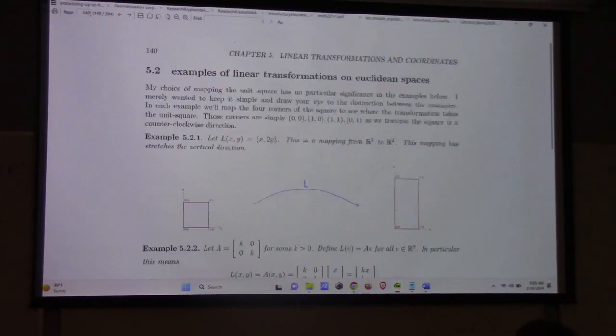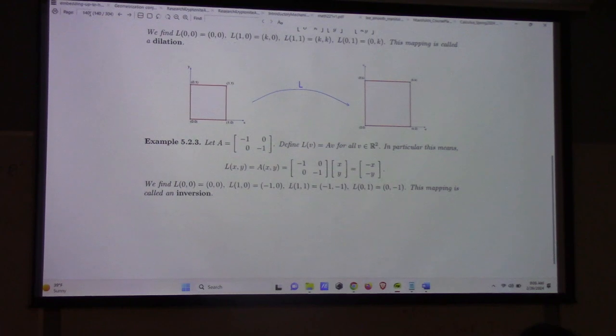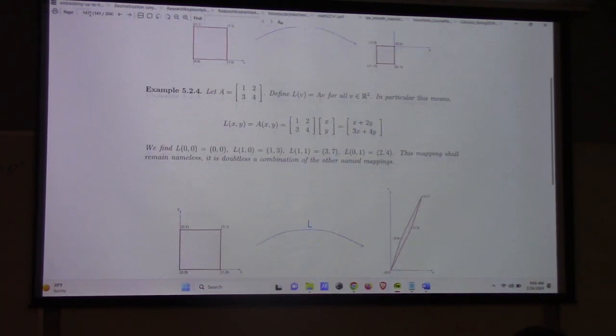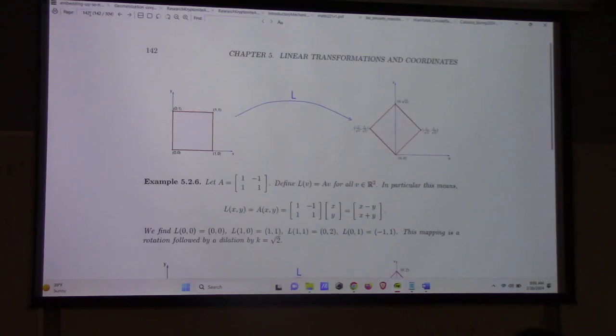This one is -1, -1. What that does is flip things over the origin. It's an inversion, as they're known. Here is 1, 2, 3, 4, which takes the square and squishes it. I'll be done here in like 30 seconds, guys.